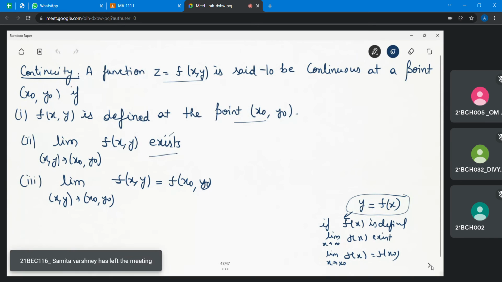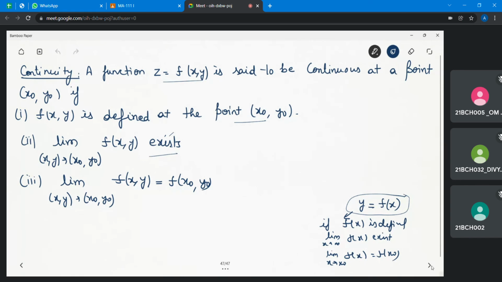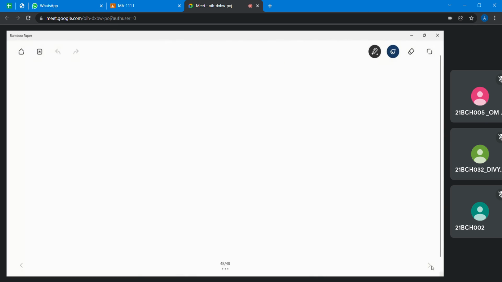That is why I just gave you a definition with an idea of limit and continuity. We will solve problems based on limit and continuity once I cover a little more of the topic. Okay, so not spending much time on these problems because partial derivatives are more important right now, depending upon the number of lectures.